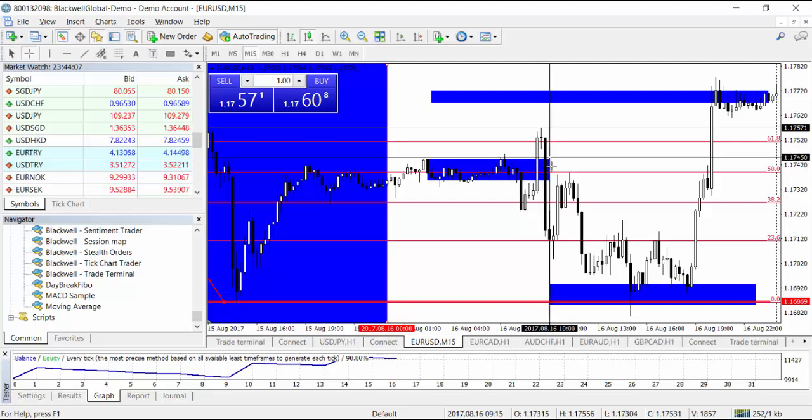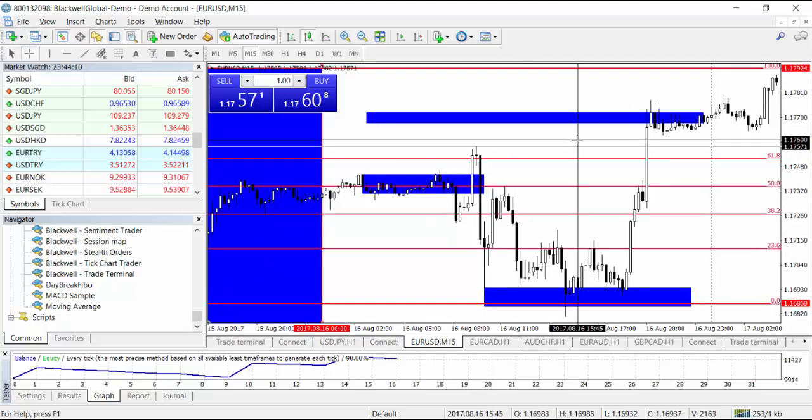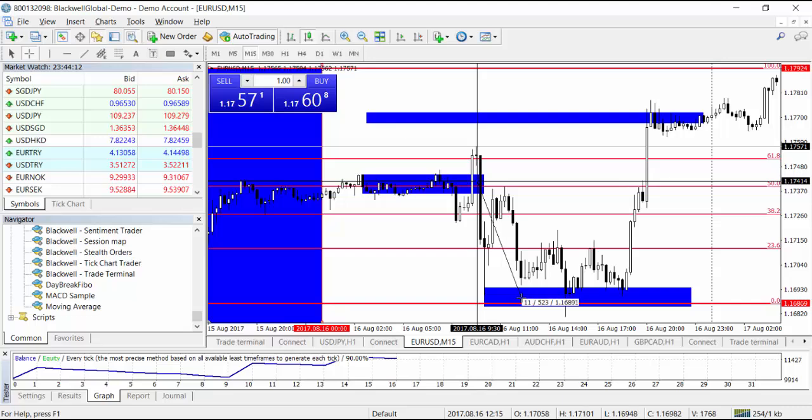So when you think about it, we have 30 pip risk versus 50 pip profit expectation. Entry short here in the middle at 50%, stop loss at around 70%, and take profit at the previous day low. So we are getting close to 2 to 1 in terms of profit versus risk expectation, which I think is quite reasonable because you can also sustain a number of losses before this kind of trading strategy turns sour.